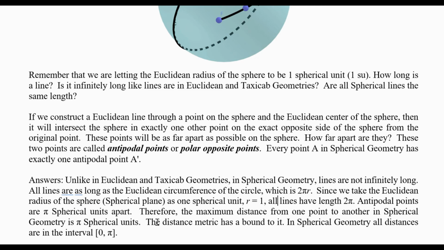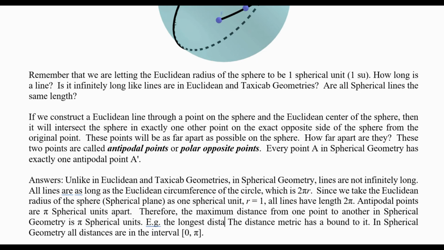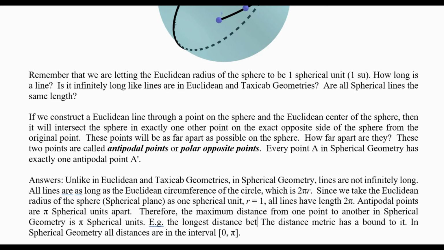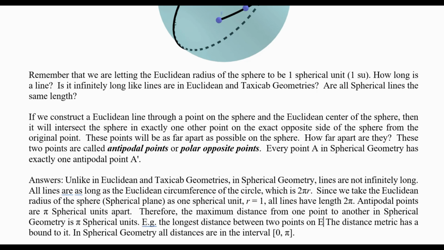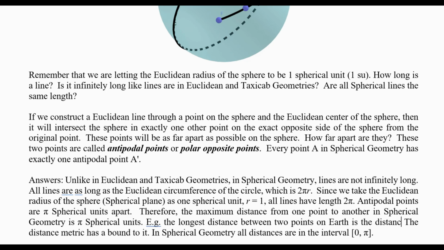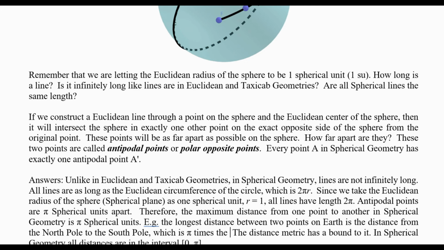So for example, let me go ahead and type this in here. The longest distance between 2 points on Earth is the distance from the North Pole to the South Pole, which is pi times the radius of the Earth.